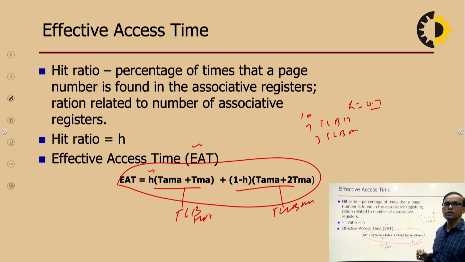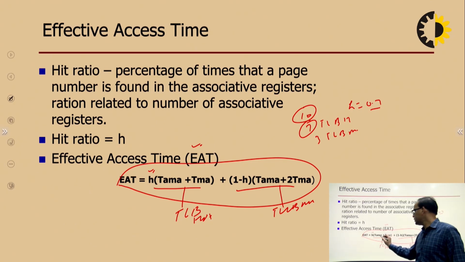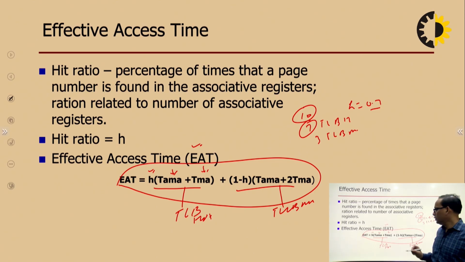If the page number generated by the CPU is found in the TLB 7 times out of 10 references, then the hit ratio is 70%. So H multiplied by (TLB access time plus TMA, the time required to access main memory). In the case of a TLB hit, one access is required for the TLB or associative memory, and one access for main memory.